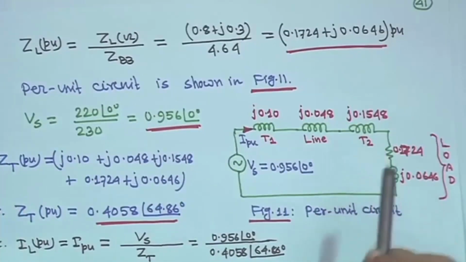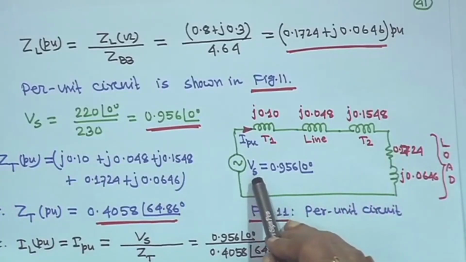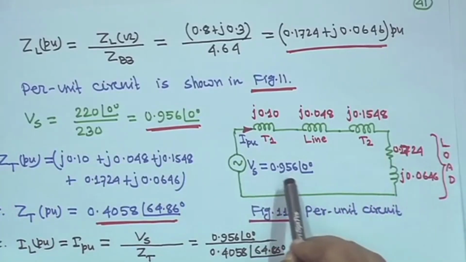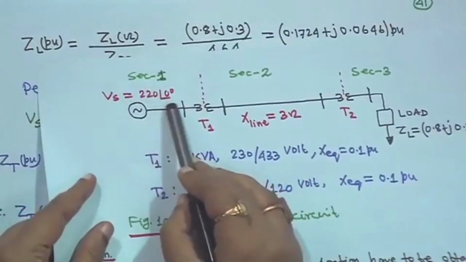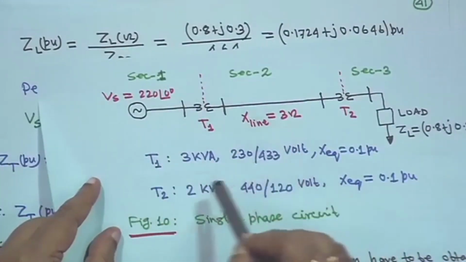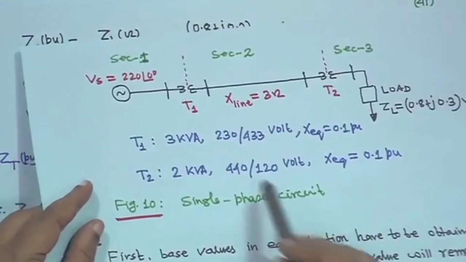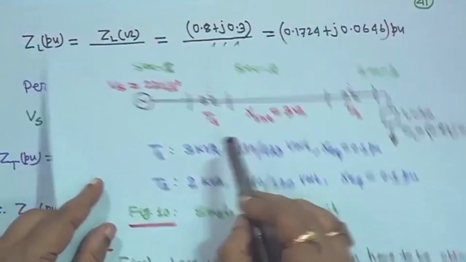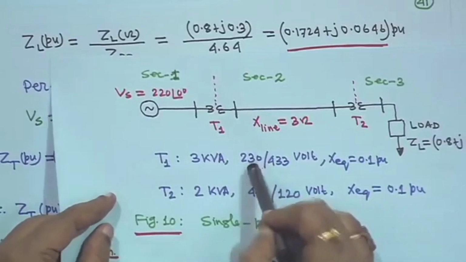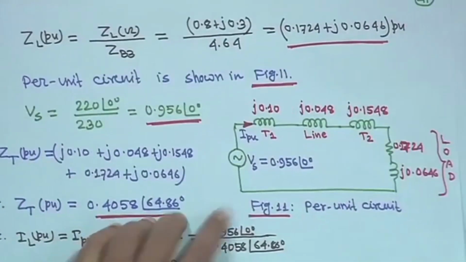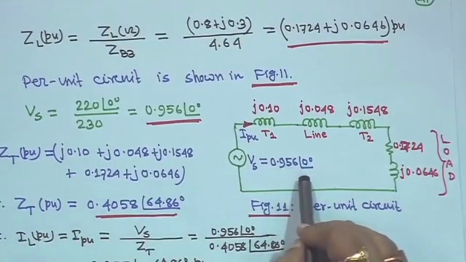In the circuit you have a source voltage Vs, which is given as 220 angle 0, but the base voltage 230 is given. So, 220 upon 230 will become 0.956 angle 0.